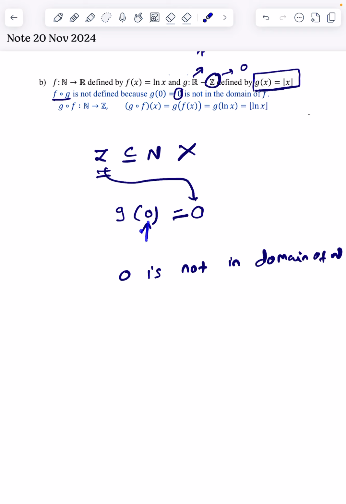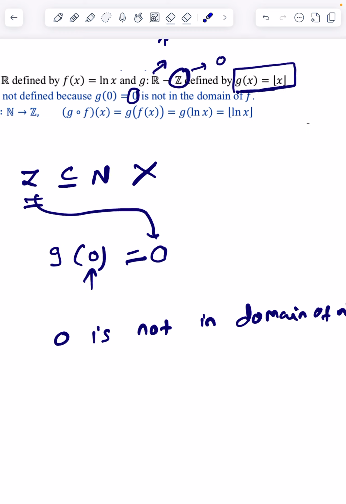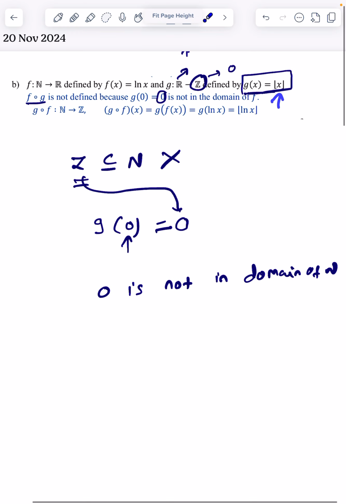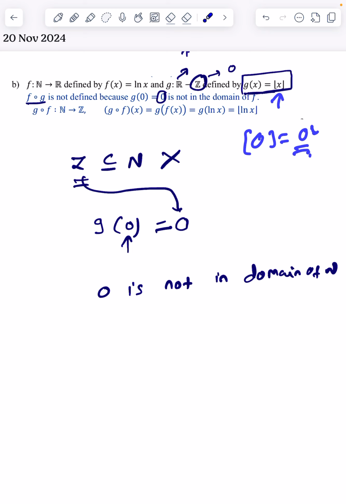For x equal to 0, this is the greatest integer function, and for 0 it gives 0 only. For integer values, it always gives integer values. So 0 is a codomain value which is not in the domain of f. Therefore, f circle g is not defined.